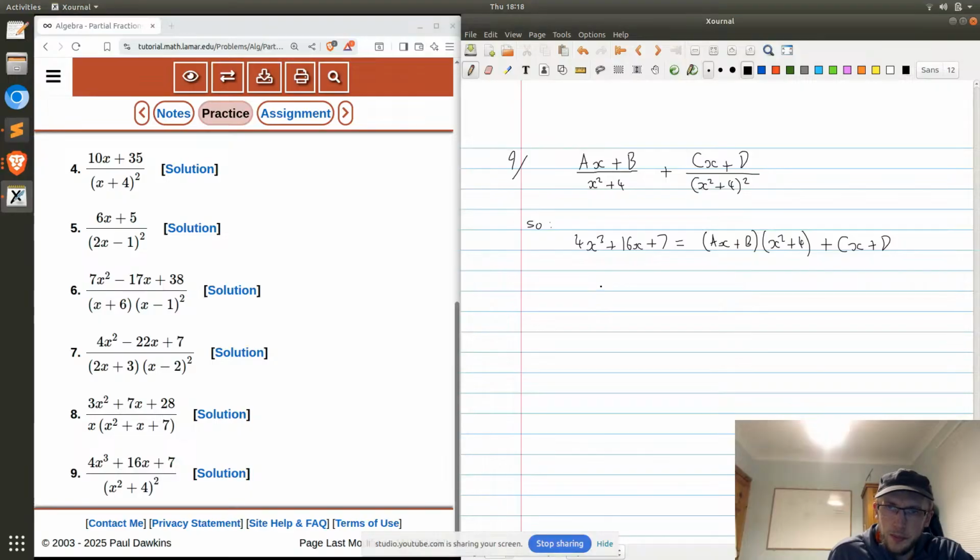Now, expand on the right. So ax cubed plus bx squared plus 4ax plus cx.